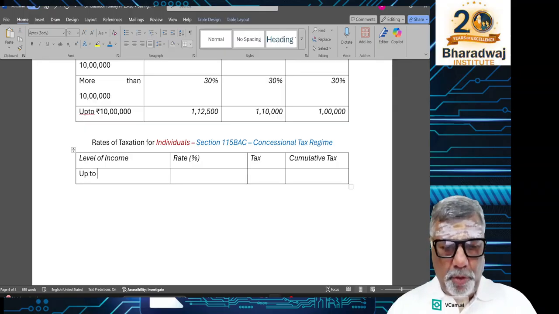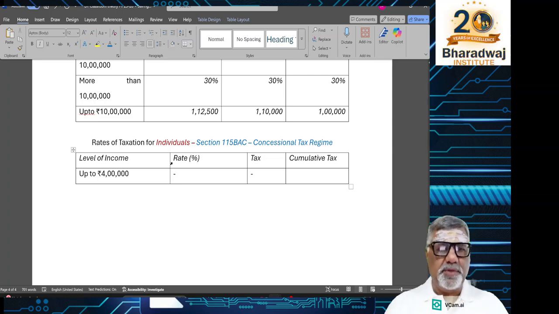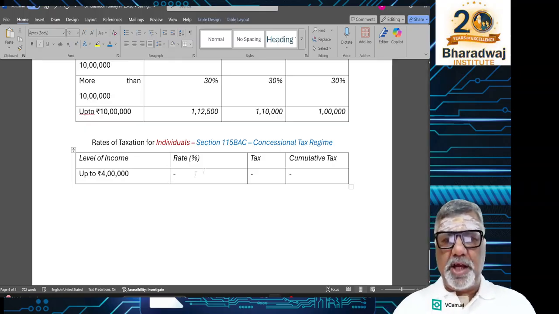Up to rupees 4 lakhs, the basic exemption limit here is 4 lakhs. Up to rupees 4 lakhs, there is no tax.